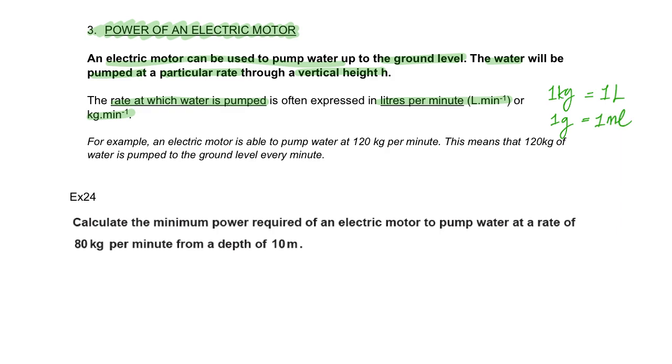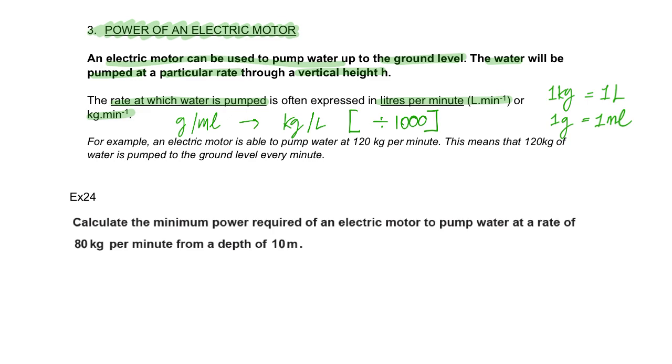I also need to know my conversions. I need to know how to go from grams and milliliters into kilograms or liters. For that conversion, I'm going to have to divide by 1000. And I always want my answers to be in kilograms per minute.